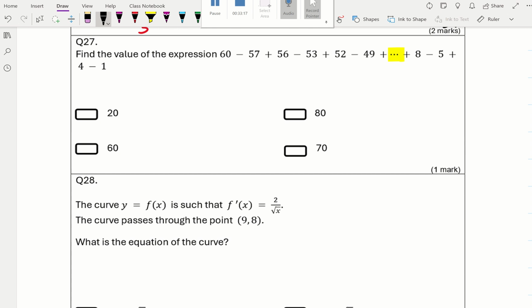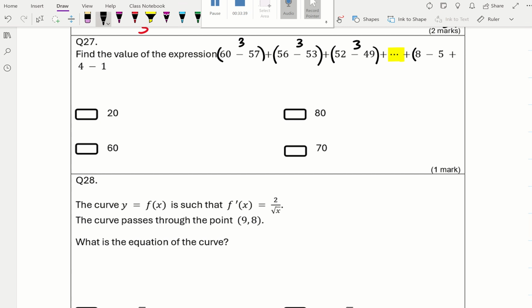I'm going to split them into subtractions. If you look at the first subtraction, 60 minus 57, that's 3. And the next one, 56 minus 53, that's 3. And 52 minus 49, that's also 3.